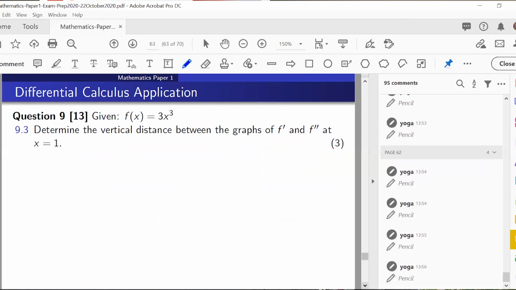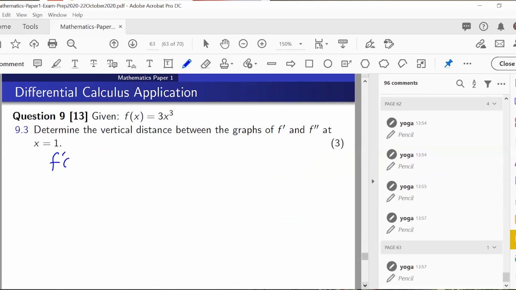Okay, now determine the vertical distance between the two graphs at x equal to 1. Okay, now we know what f is. The derivative is given by 9x squared. The second derivative is given by 18x.